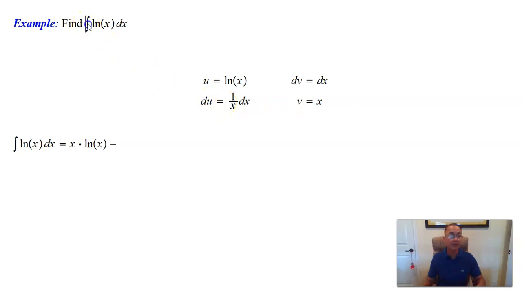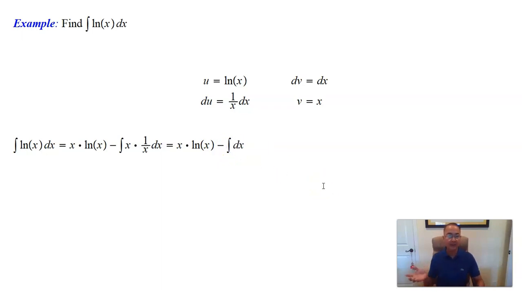Okay, so let me borrow the integral symbol here. Integral of v is x times du. Our du is 1 over x dx. Okay, and of course that's nice because this simplifies to just 1 times dx. So we get x ln of x minus the integral of dx.